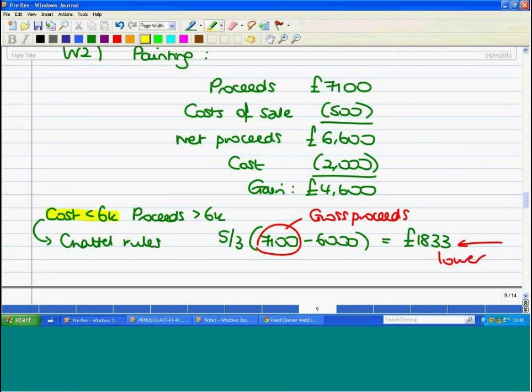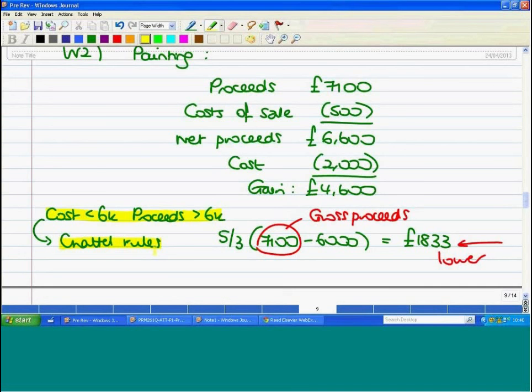Now, as you can see here, because of the chattel rules, I will also do the special rule where we take 5/3 of the excess proceeds above £6,000. Now, the trick here is obviously the net proceeds was £6,600, but whenever we do this, we always use gross proceeds. So it's the £7,100 I'm putting in, deducting the £6,000, and I'm timesing by the 5/3.